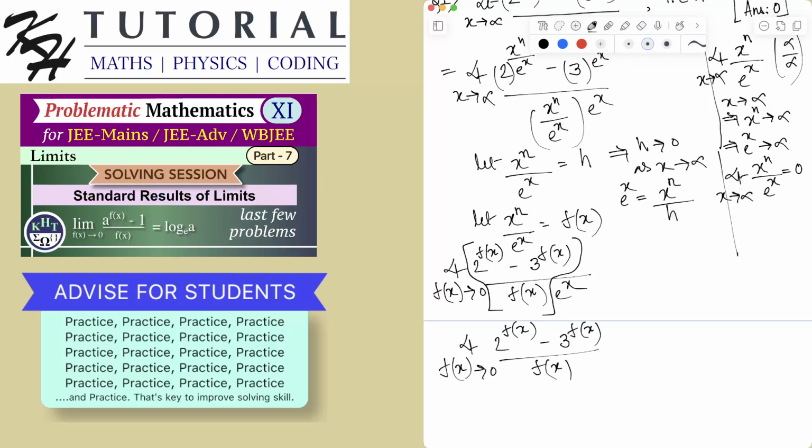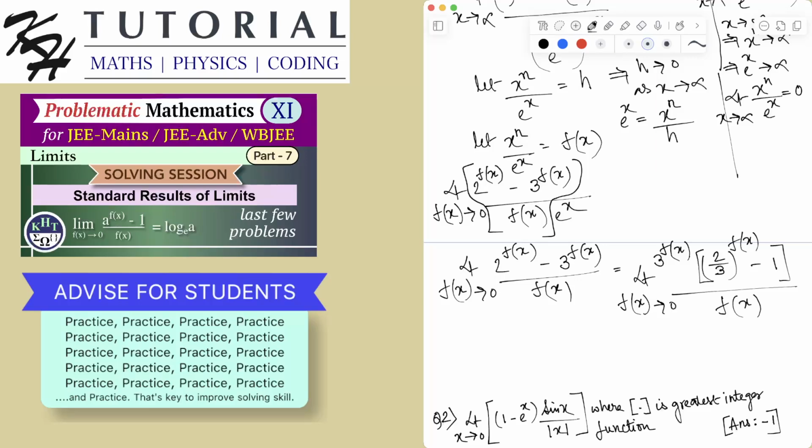I will factor out 3 to the power f(x) from the numerator. So this will be 3 to the power f(x) times (2 by 3 to the power f(x) minus 1) divided by f(x).